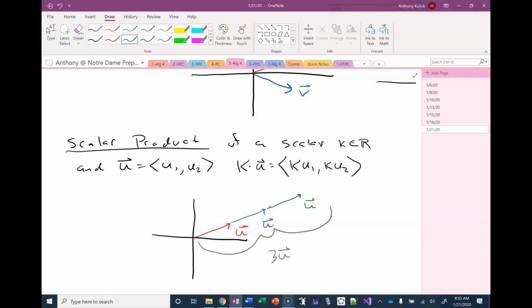Correct. It's basically like a scale factor, right? And that's why we use the word scalar here, it basically scales that vector. If you want to stretch it out or shrink it down, that's what we're doing. Does that feel okay there?